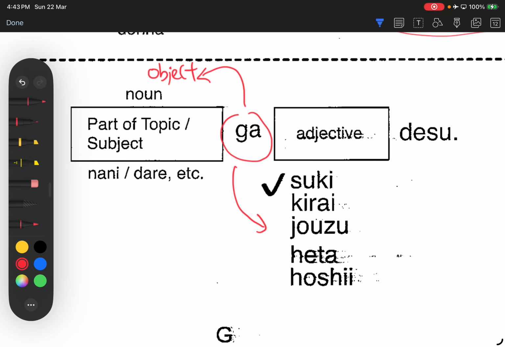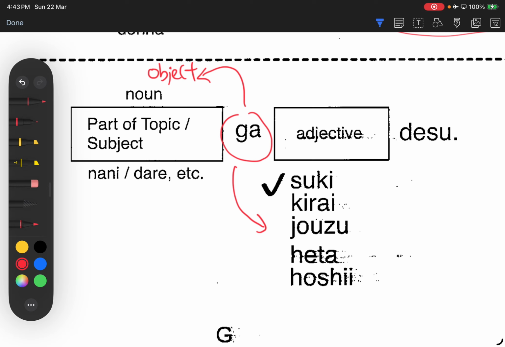Because we are describing an object. So when we are describing an object, we have to use the particle ga. To mention that I'm talking about this subject, I'm describing this object. So examples of other adjectives include 好き、嫌い、上手、下手, and 欲しい. All these are also adjectives.